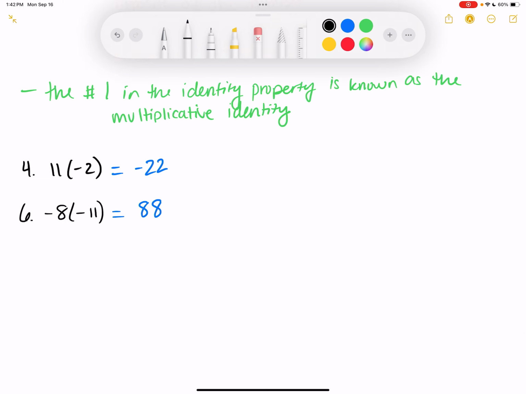Number 8, -2.5 times -1.3. Now, I know that you cannot do this in your head, not quickly. So you need to show steps for this. So 2.5 times 1.3, you need to actually show the steps of doing it.